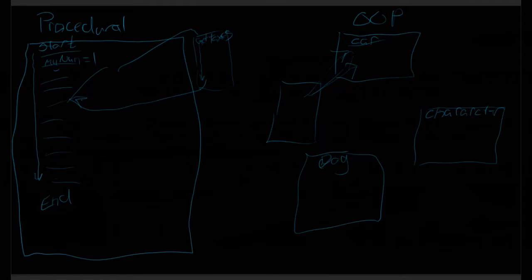Object-oriented programming is an extension of procedural programming in which you take a slightly different approach to writing computer programs. Writing object-oriented programs involves creating classes, which are these guys right here: class dog, class character, and class car, right?